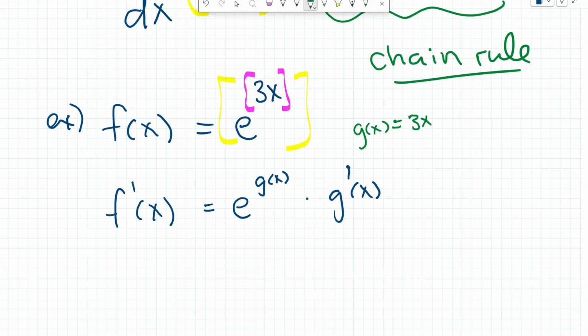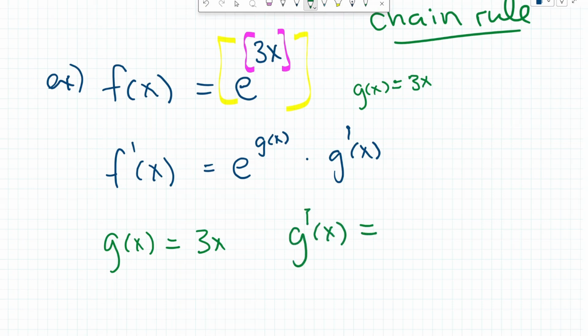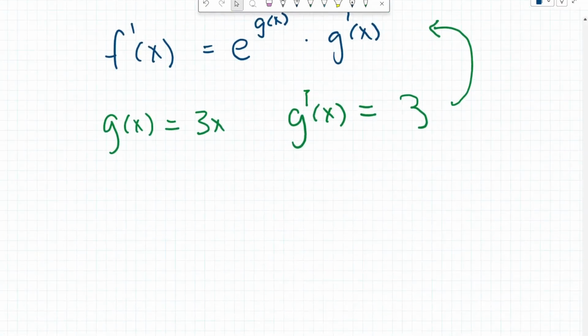So we've said that our g of x equals 3x. So let's write that once more. So g of x equals 3x. Let's look in our definition here to see what else we need to find. We also need g prime, our first derivative. So here we can use the power rule, so we get that our first derivative equals 3. Now as our final step, let's just plug all this back into our definition to get the answer.